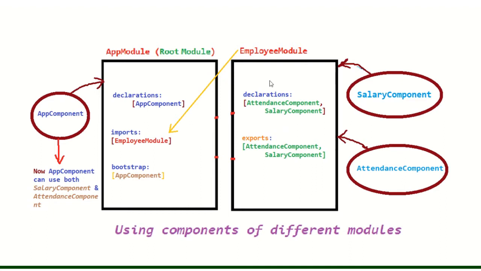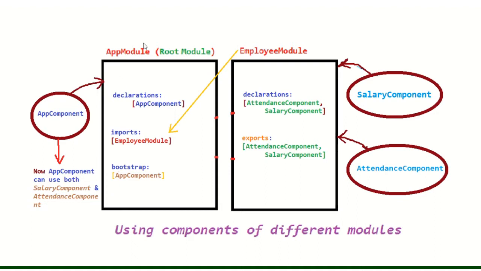It is saying that I, the employee module, am using the salary component and attendance component, so I am declaring them. Again, I am going to export the attendance component and salary component also, so that other modules, for example the app module, and the app component can use them.